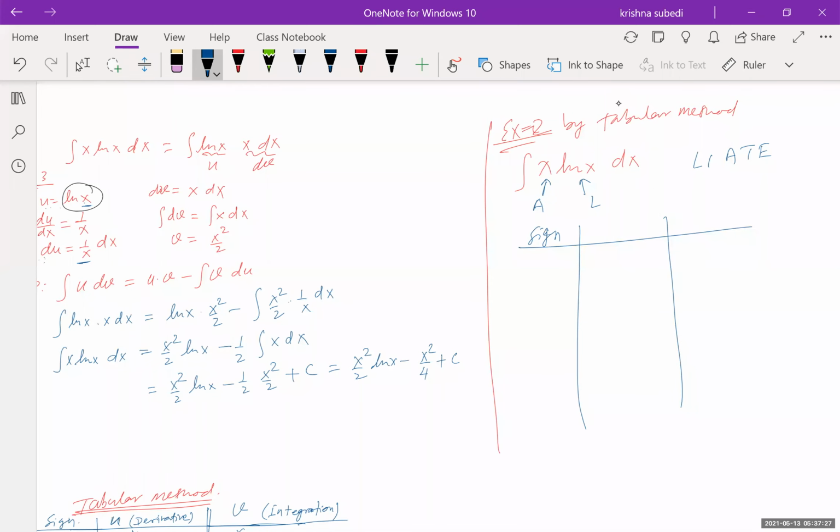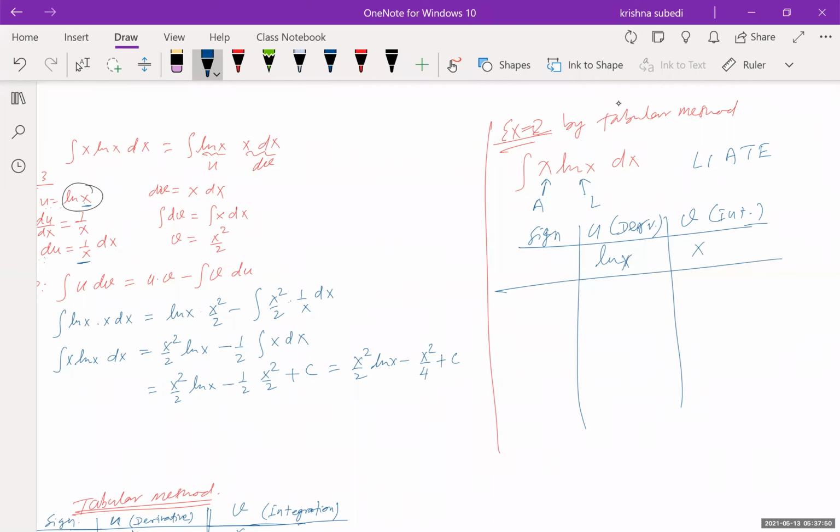Sign there, and here u, which is derivative, and v, which is integration. And so u is ln x and v is x.